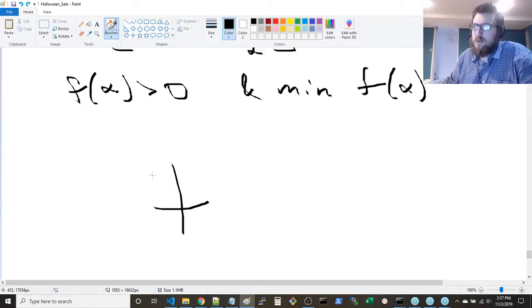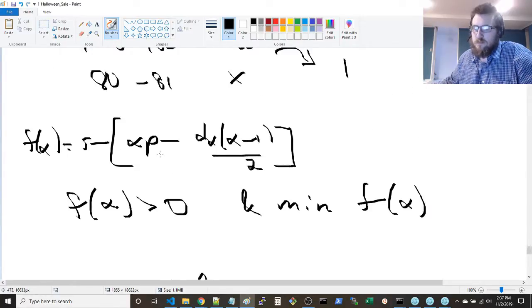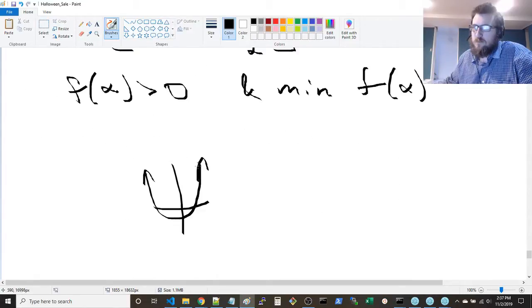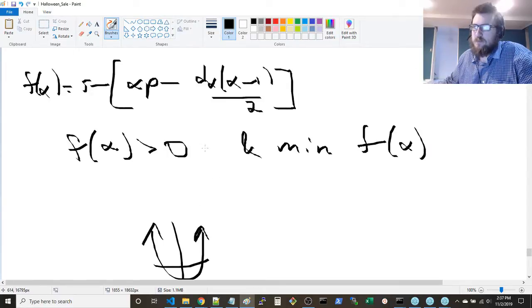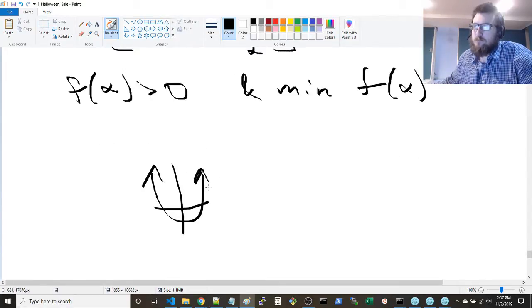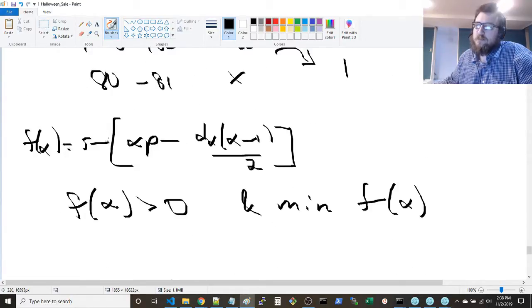And then we take S minus that, so it looks like this. Which is actually one of these kind of functions. Do we want the minimum of that? That's really confusing. I think so.